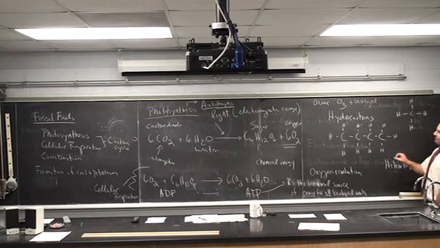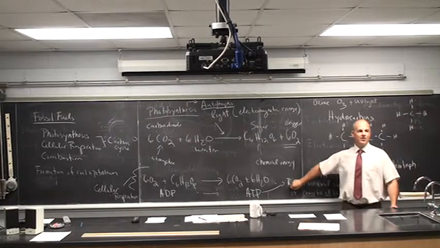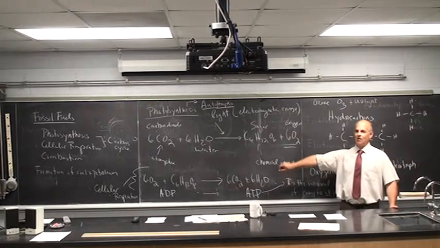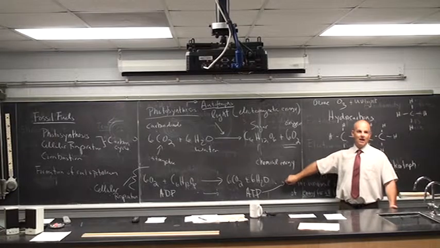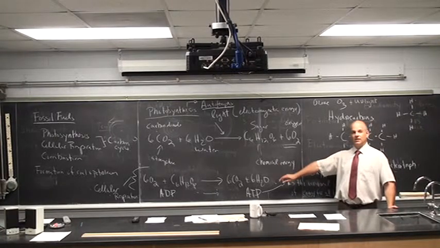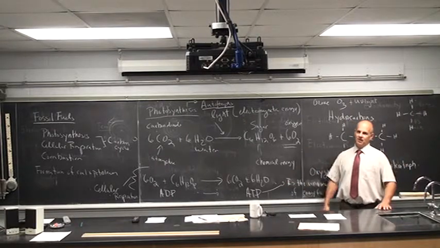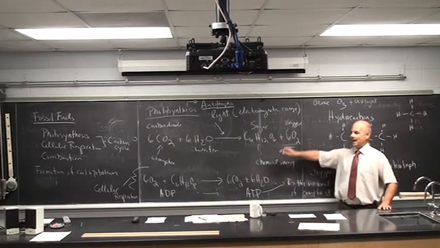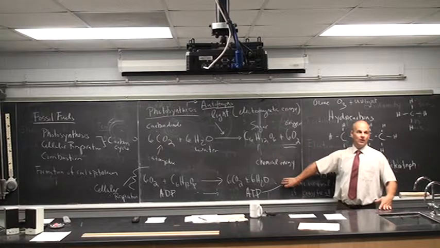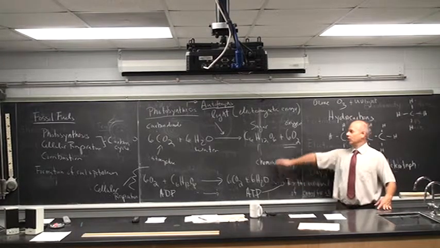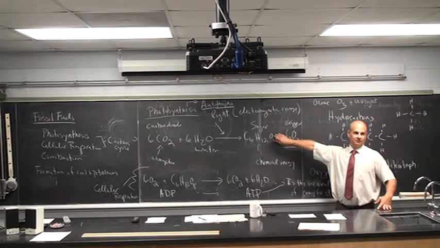Do heterotrophs undergo cellular respiration? Yeah, because everything that's alive undergoes cellular respiration. So heterotrophs do lots of different things, but of these two chemical reactions, all they do is cellular respiration. And where do they get their sugar? From photosynthesis.